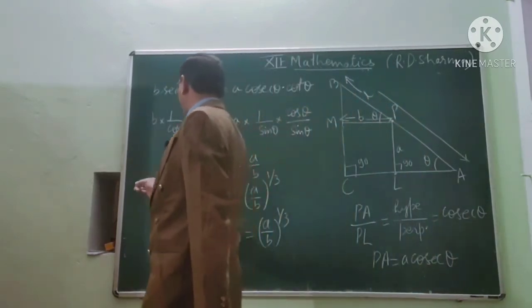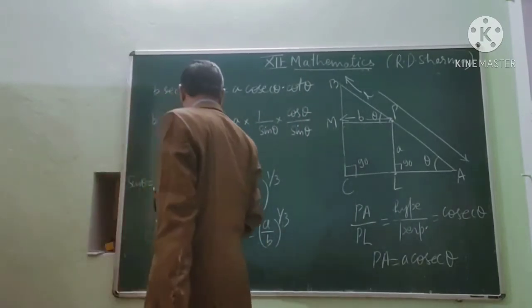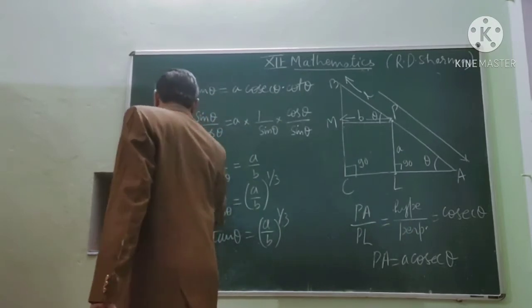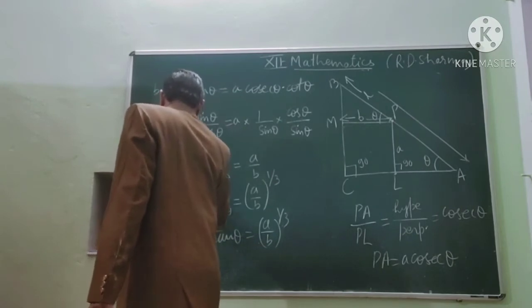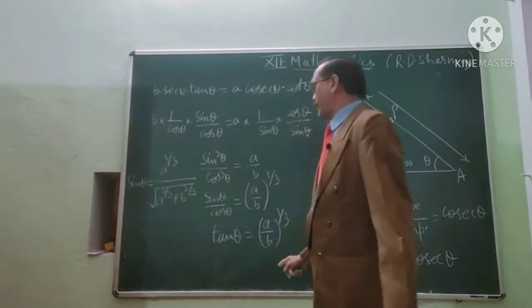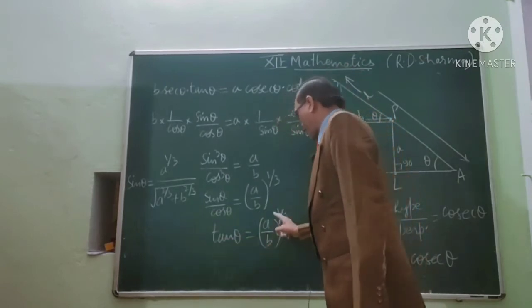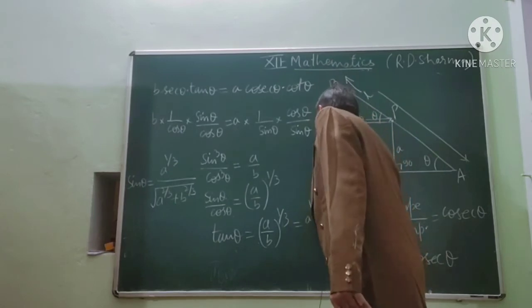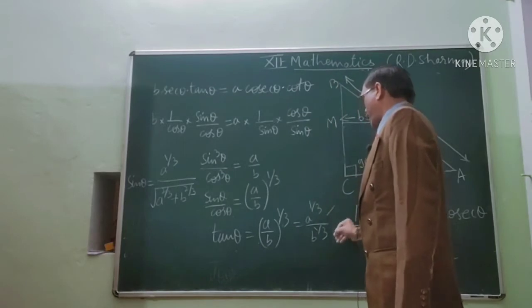And sin theta is equal to a^(1/3) divided by root of (a^(2/3) + b^(2/3)). When tan theta is given, we can find sin theta and cos theta. When tan theta is a^(1/3) upon b^(1/3), let a^(1/3) be the perpendicular and b^(1/3) the base.